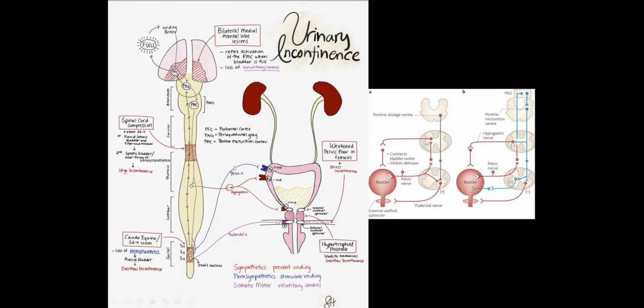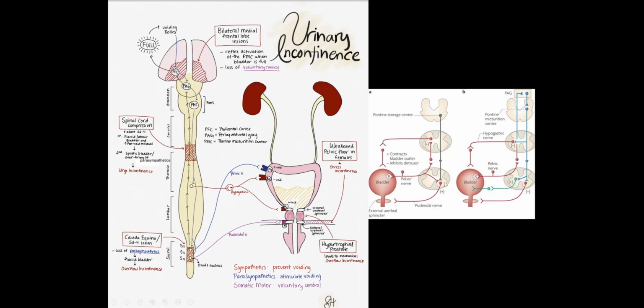So again, via the pelvic nerve, the bladder is filling, and that ends up stimulating the sympathetic nerves here, again, to prevent voiding, to constrict the internal urethral sphincter. At the same time as the bladder fills, we want to contract this external urethral sphincter until it's time to void.